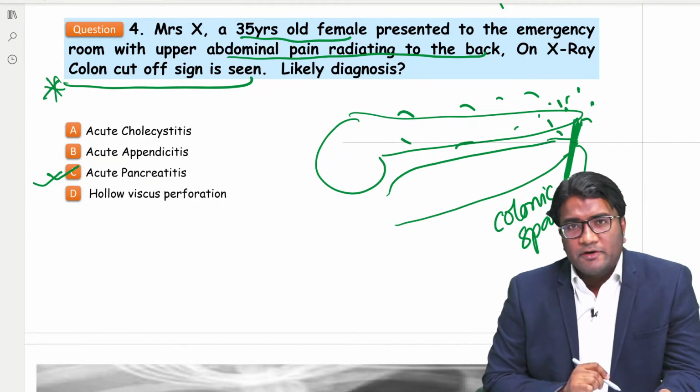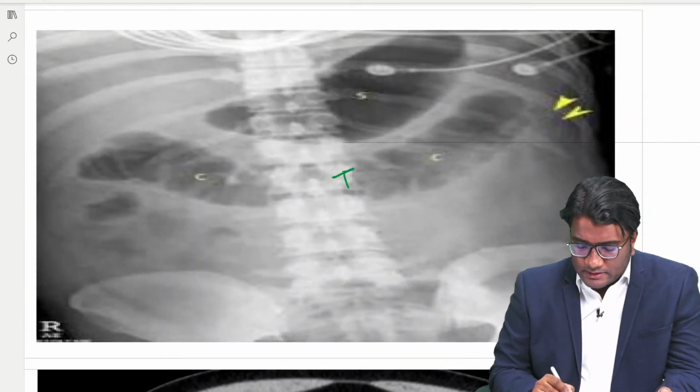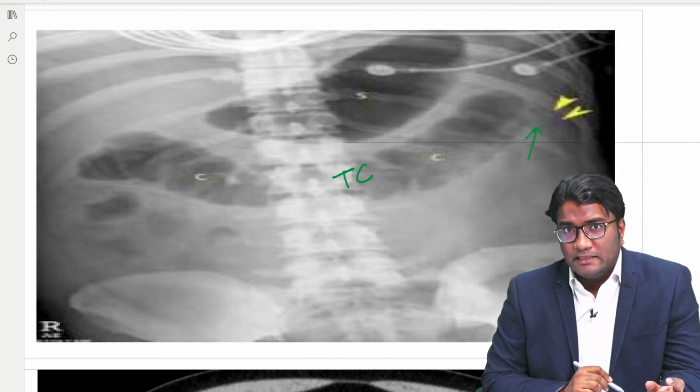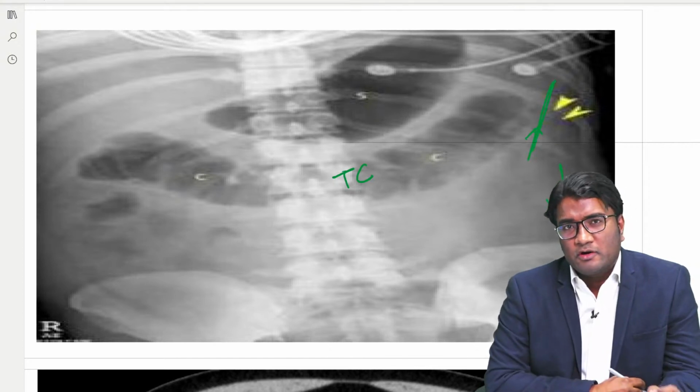It's a very important radiological sign that you see in acute pancreatitis. You can see this is the transverse colon, and you are seeing this tapering of the lucency of air in the transverse colon here, and you don't see much air coming into the descending colon. So this is your classic colon cutoff sign.